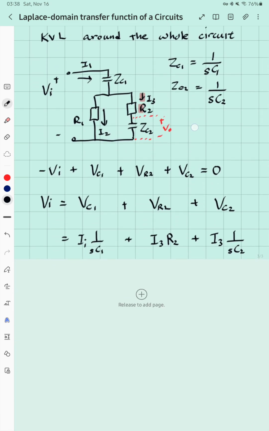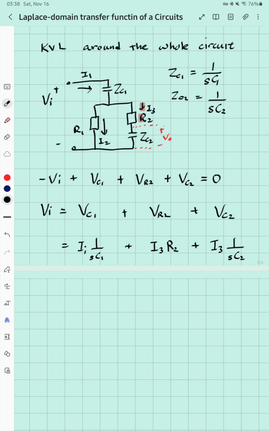So from here, that's why I like to use KVL as it is instead of directly saying VI equal the rest. You do write down the whole thing equal 0, and then you give some room between, and then write down exactly what those are underneath.